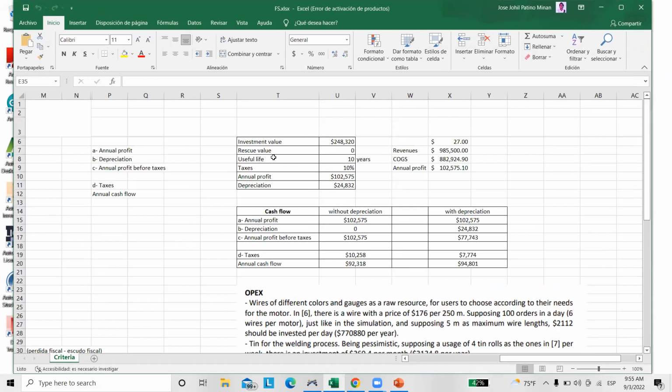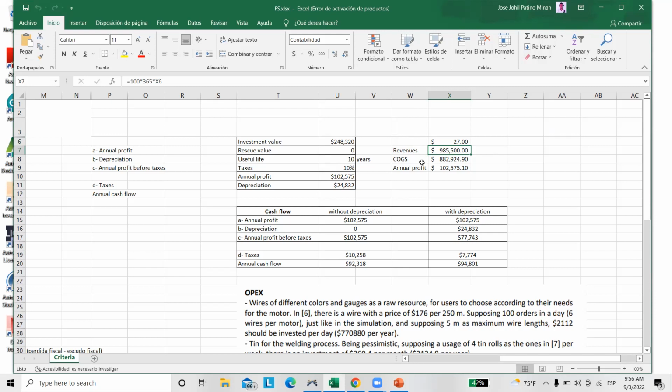Now, to get the annual profit, we have to consider the revenues. We have considered a price of our service of $27, and considering 100 orders in one day for 65 days of the year, we have these revenues, but these revenues are just the raw revenues.